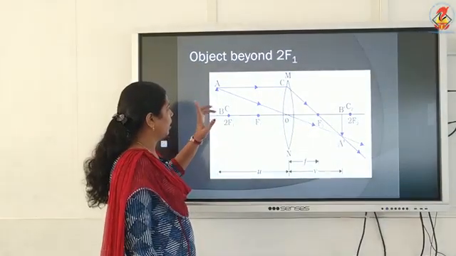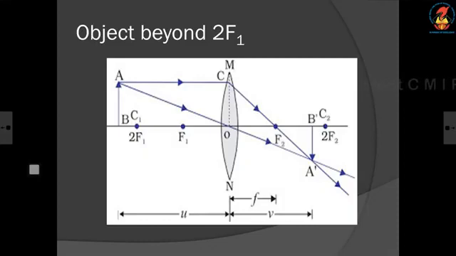Okay. Then the first rule we have used: a ray of light parallel to the principal axis, after refraction, passes through the principal focus on the other side of the lens. Second rule, a ray of light passing through the center of curvature will not suffer any deviation.